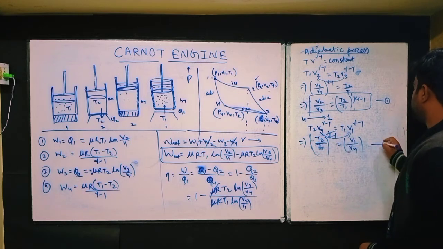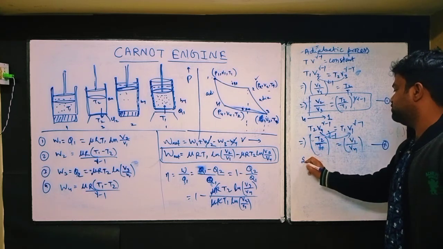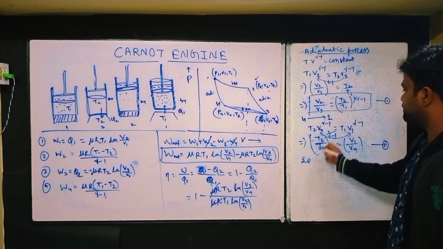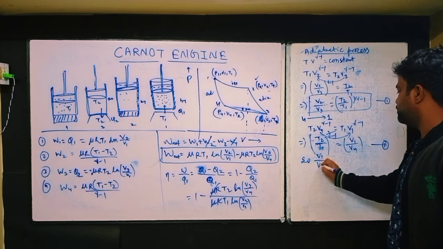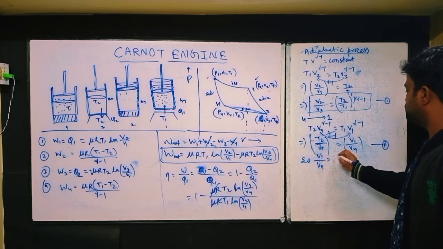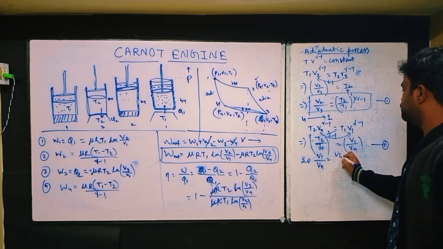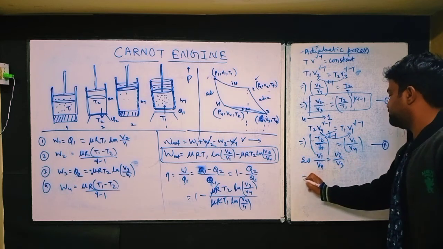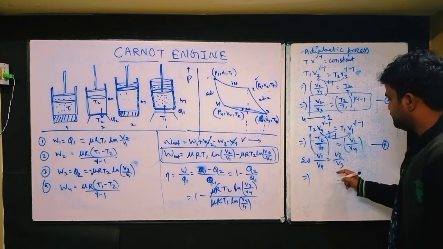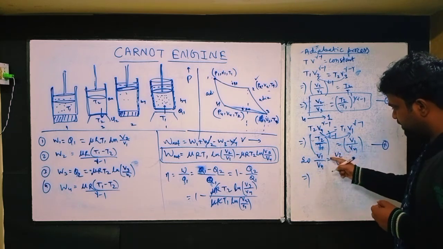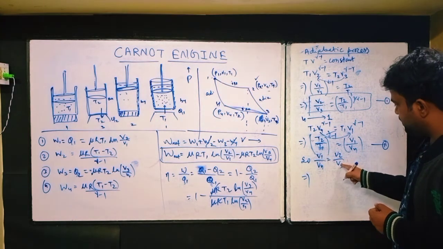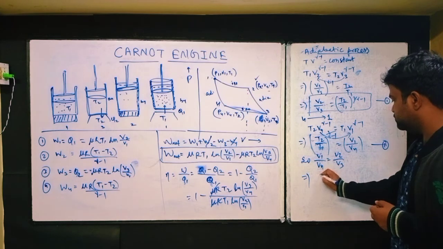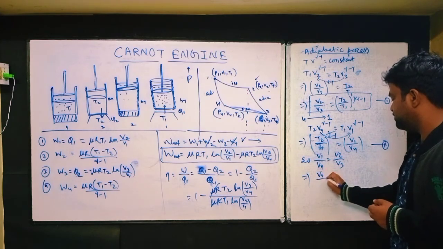So this is 2. So from 1 and 2 I can write that these volume ratios are the same, that is V1 by V4 equals V2 by V3. That means if I cross multiply and rearrange it, basically V1 I'll bring here and V3 I'll take here. So it will become V3 by V4.